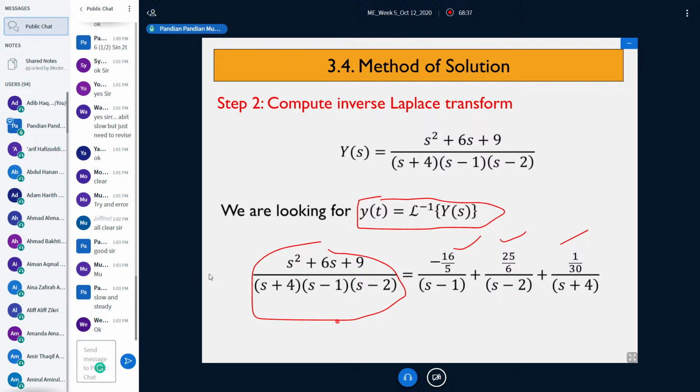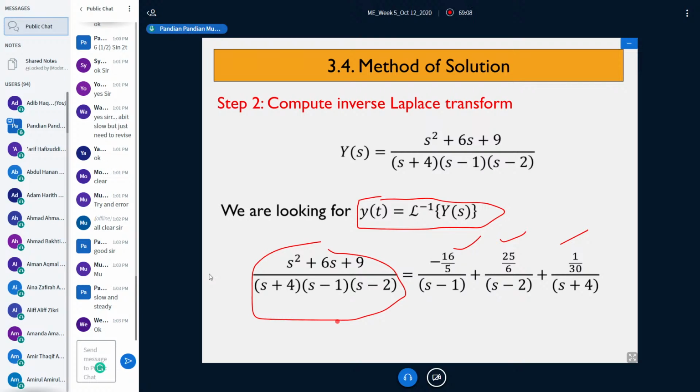You can do any method as you like. So you have A(s squared plus 2s minus 8), plus B(s squared plus 3s minus 4), plus C(s squared minus 3s plus 2).